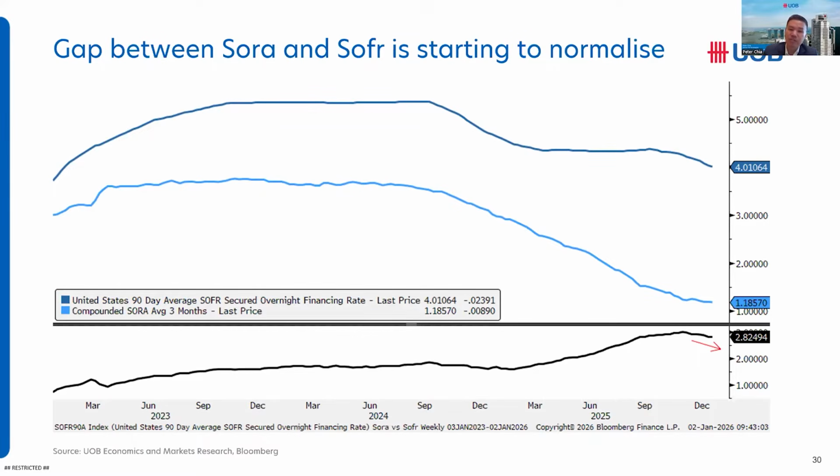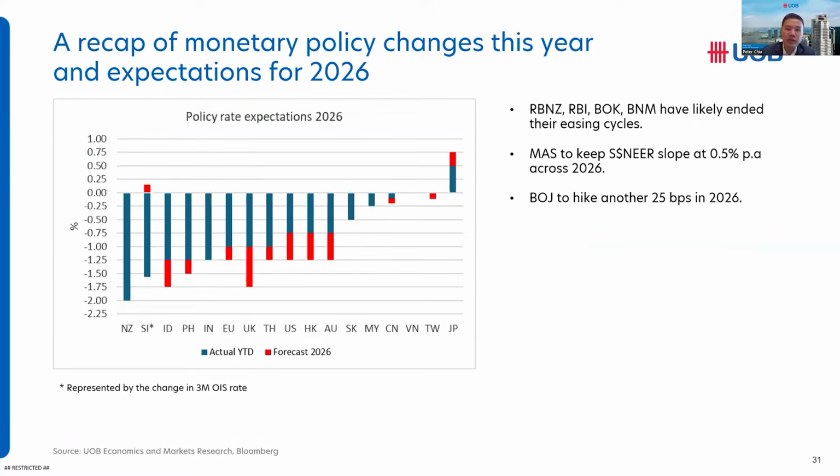So look for the Singapore rates, SORA, to bottom at around 1% before heading up towards 2% by the end of this year.